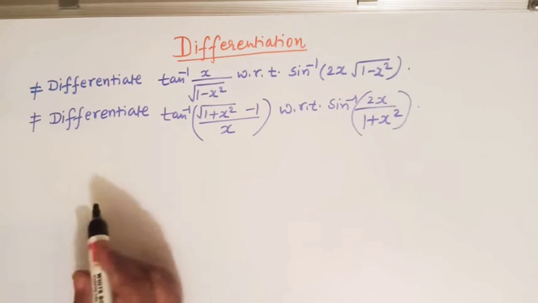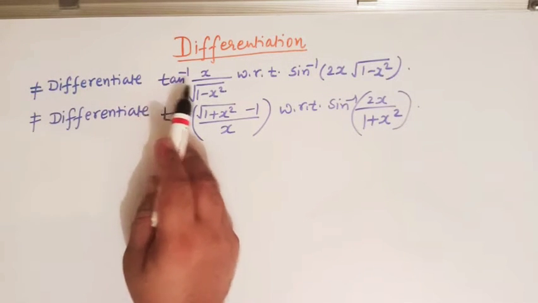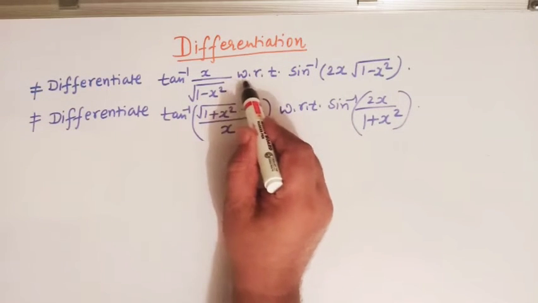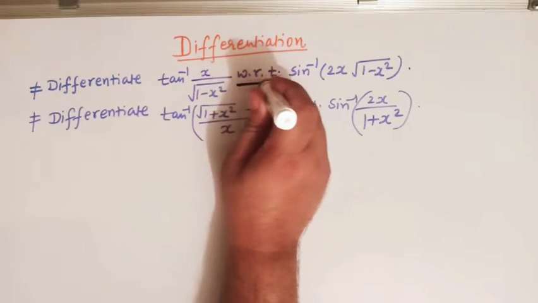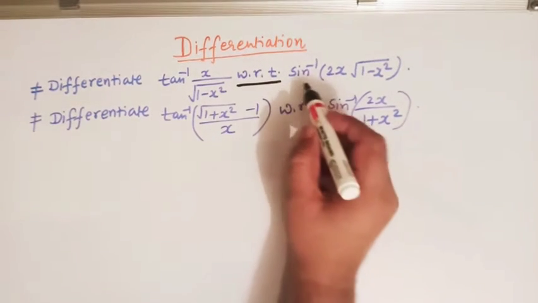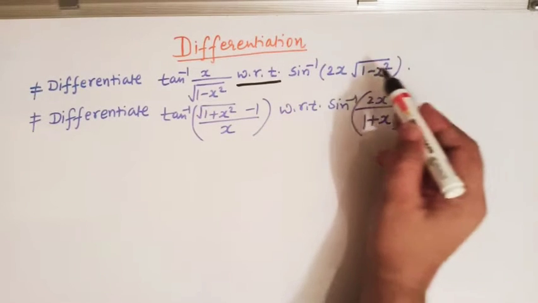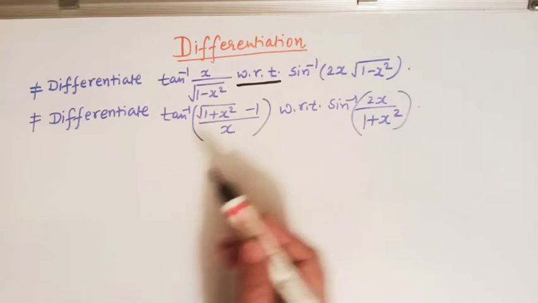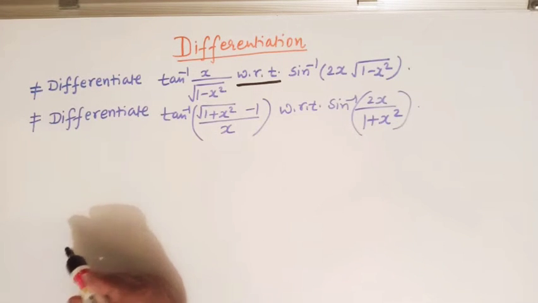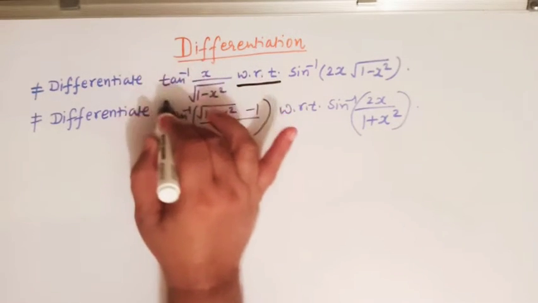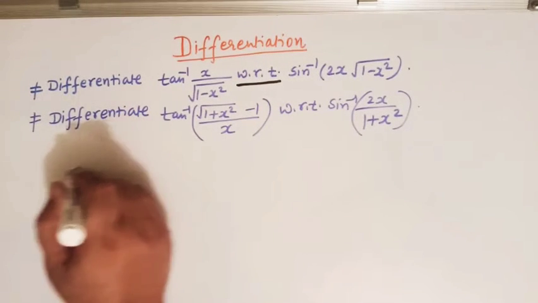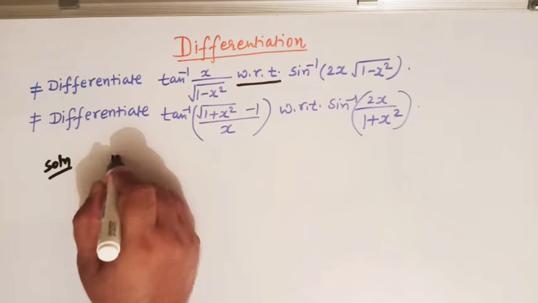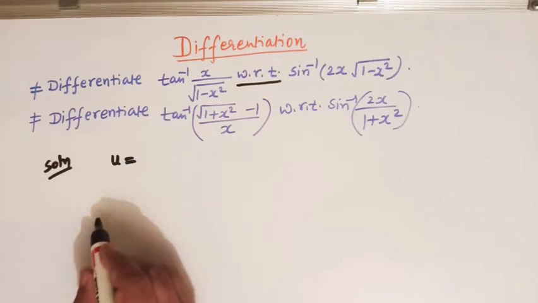Now here the first one is differentiate tan inverse x over square root of 1 minus x square with respect to, see, this is with respect to sine inverse 2x times square root of 1 minus x square. Now here what we will do, we'll first assume that say u is equal to this function, right?